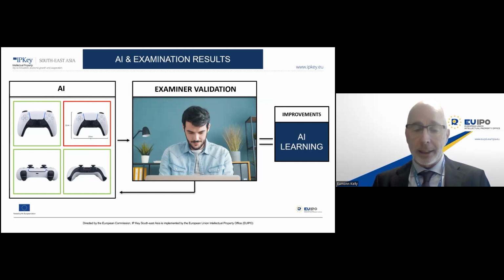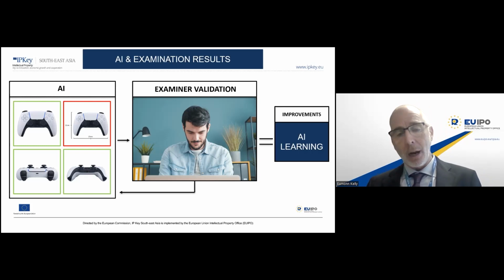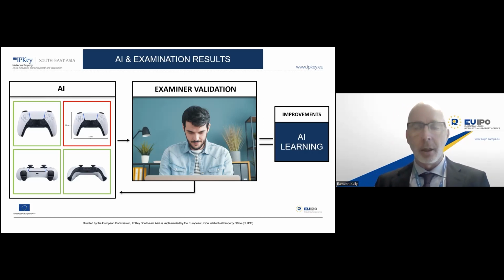Within 6 months, we expect that the AI tool will have processed over 50,000 designs, of which approximately 7,000 will have deficiencies. Each time, the examiner will indicate if the AI was correct or not correct, or indeed if the examiner has to add other deficiencies, allowing the AI to continually learn and improve the overall result.